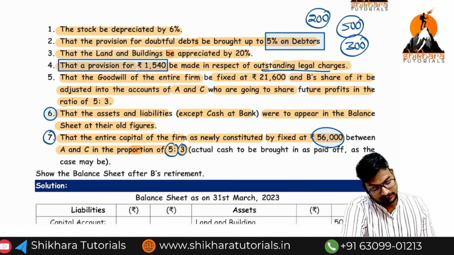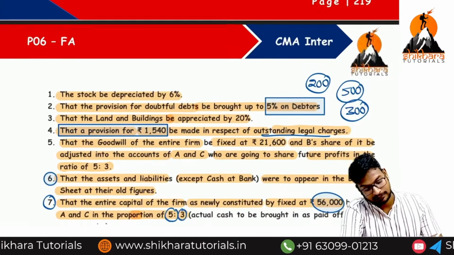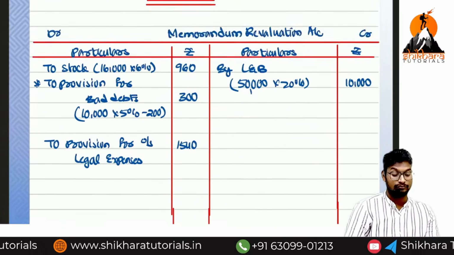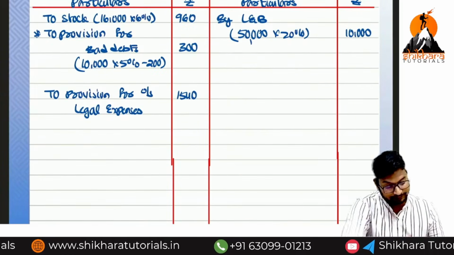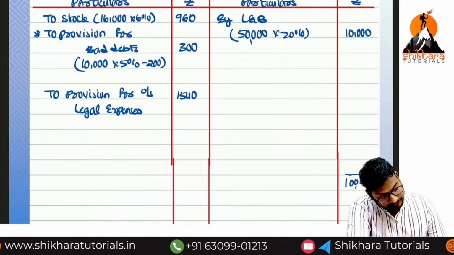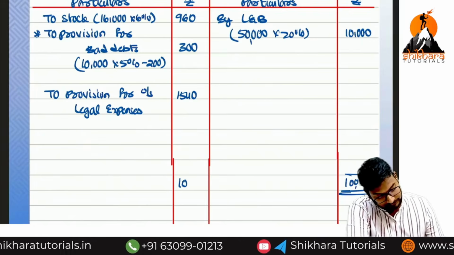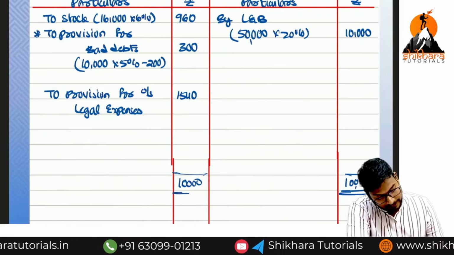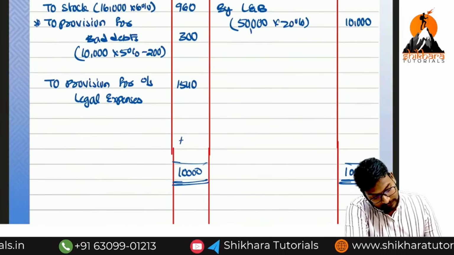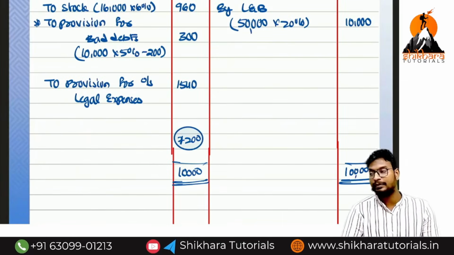That's all. There is nothing else. So do the balance. 10,000. Balance how much? 7,200. We need to share to how many partners, Amma? 3 partners.